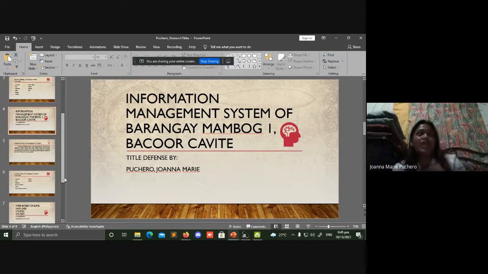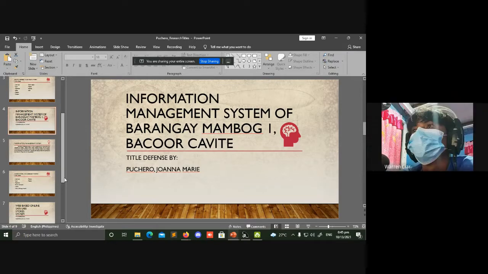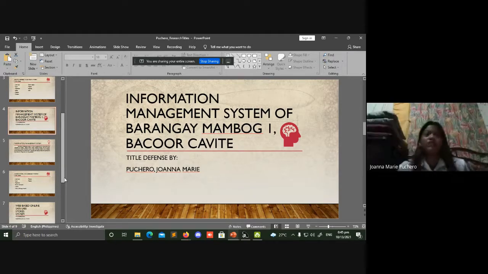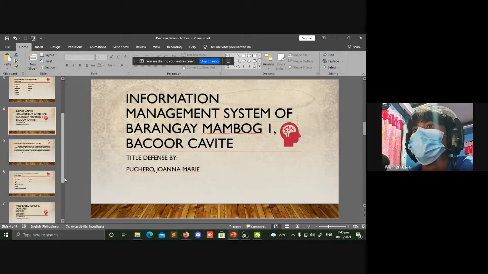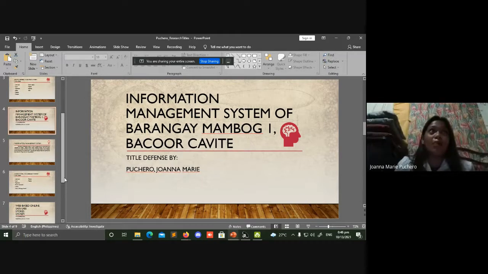You have to write down your personal information on the logbook every time you get something from the barangay. You have to wait in line. You have to take a picture over and over again every time you get something from the barangay. So that is the problem.